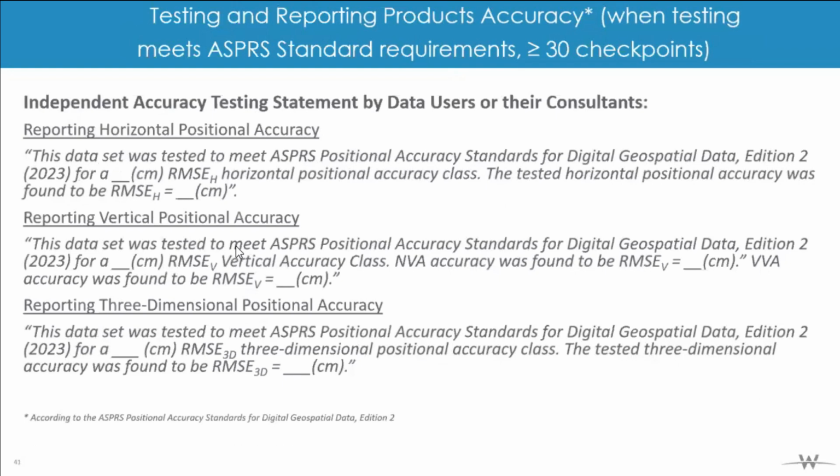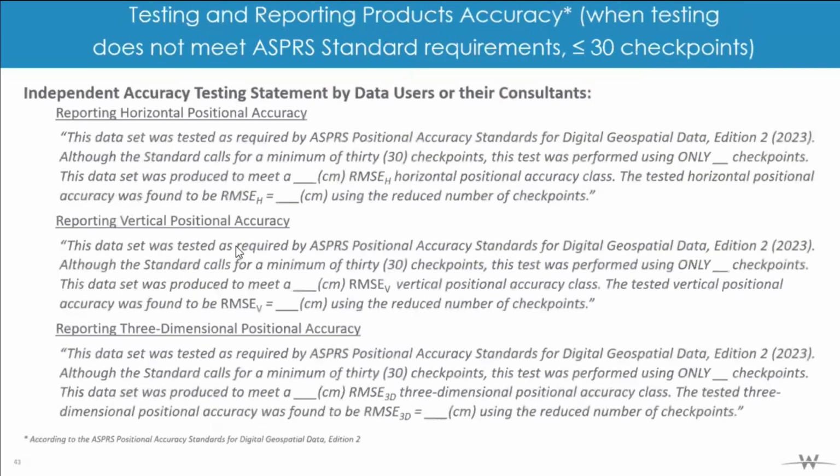But if the user cannot afford to use 30 points, especially for light drone projects, very small projects, 100 acre, 200 acre, people complain we cannot afford to survey 30 checkpoints beside the control points they need to calibrate the data. So what are we going to do? They want us to reduce the number.